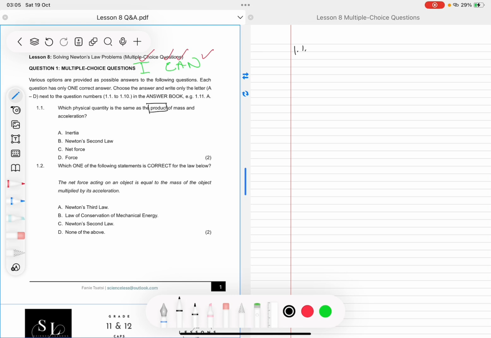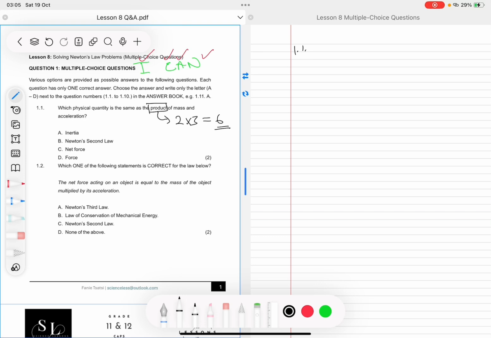The word product in mathematics means a number that you get after multiplication. So if I say the product of 2 and 3 is 6, this number here is a product, a number that you get after multiplying 2 and 3.